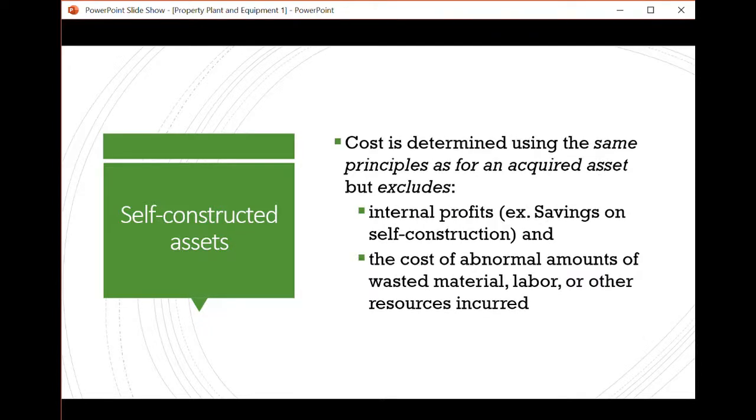So, the cost is determined using the same principles as for an acquired asset, but it will not include any internal profits, like for example, savings on the self-construction and cost of abnormal amounts of wasted material, labor, or other resources incurred. So, same lang siya og treatment as if the asset was acquired. Of course, pag magama ka sa imong asset naa kay costs, for example, your materials, labor, and overhead. But these items here kaning duha, dili ni sila apil sa imuhang cost.